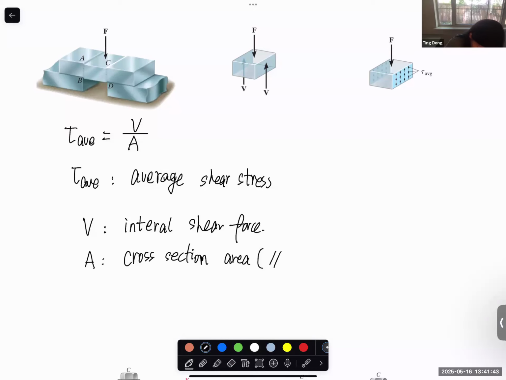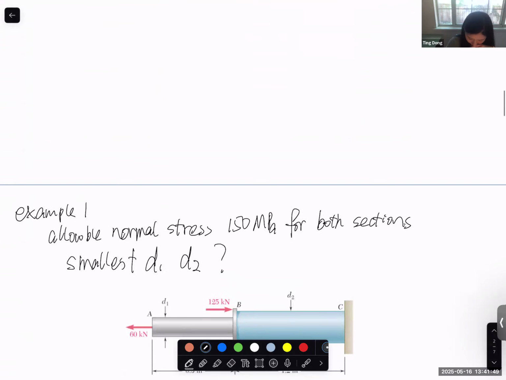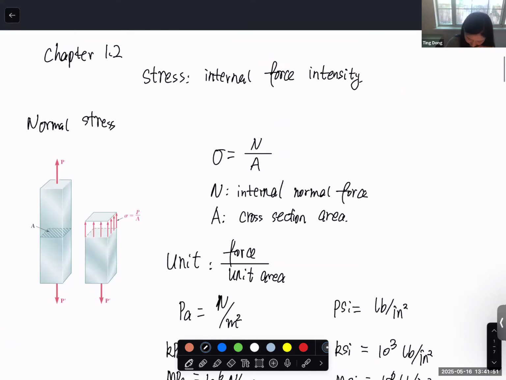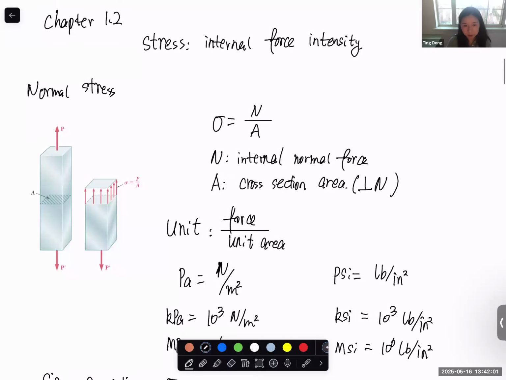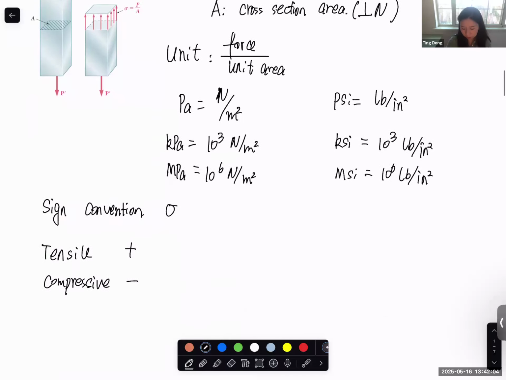So this area is parallel to the shear force. And back here, the cross-section area is perpendicular to our force applied. So this is a little different. When you do the calculation, make sure what area you should use for calculating stress.